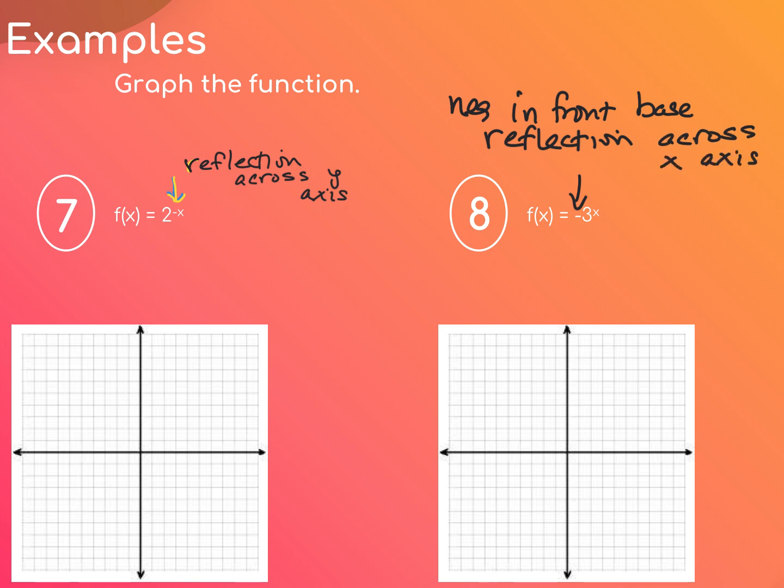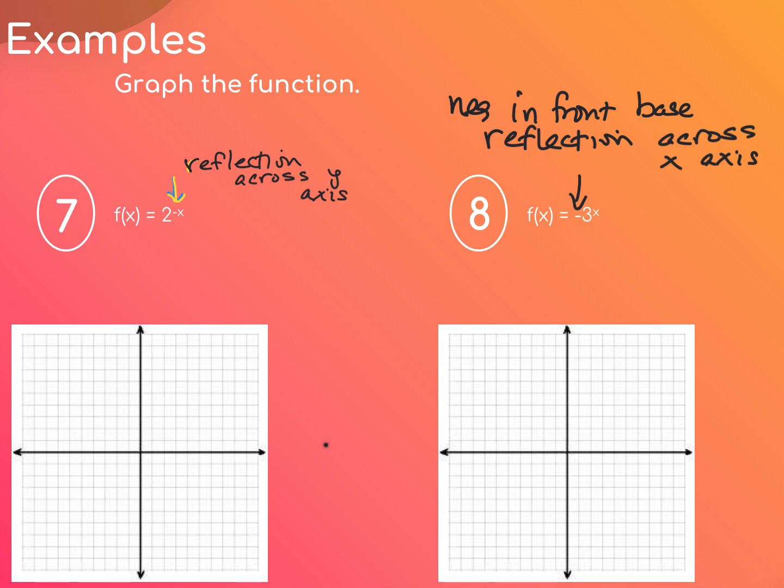So when it's in the exponent, we reflect it across the y-axis. When it's a negative sign in front of the base, then it's going to be a reflection across the x-axis. Now, for this one, we can go ahead and just do the t-chart and plug in our numbers. However, if you wanted to graph the basic function and then reflect it, you can do that as well. But for these that are this simple, I'm just going to do another t-chart and plug in the numbers.